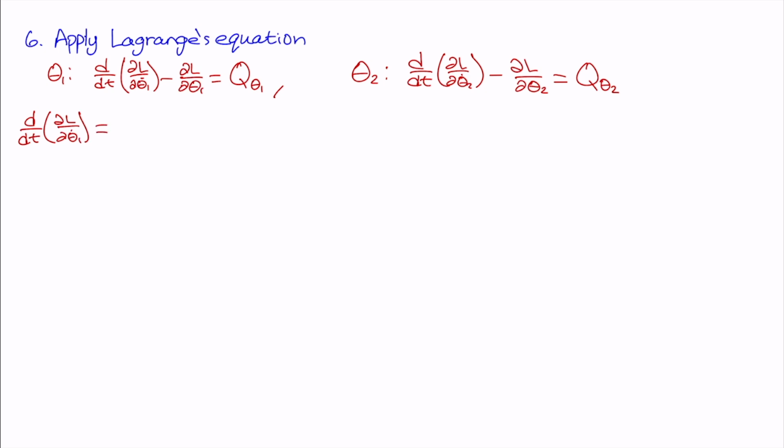This is going to be equal to d over dt times the quantity m L1 squared theta 1 dot plus m over 2 L1 L2 theta 2 dot times the cosine of theta 1 minus theta 2.